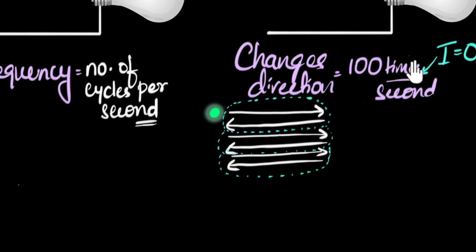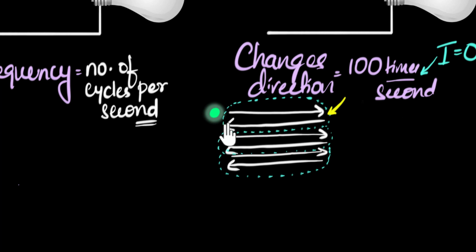Since I know the total number of times the electron changes direction in 1 second, to figure out the frequency, let's see how many times the electron changes direction in 1 cycle. So let's look at the first cycle. The electron is going forward and then whoop, changes its direction over here. So the electron changes direction once, and then it comes back.